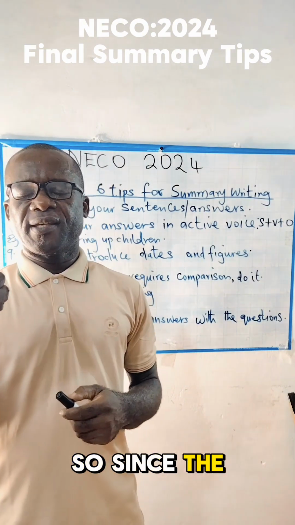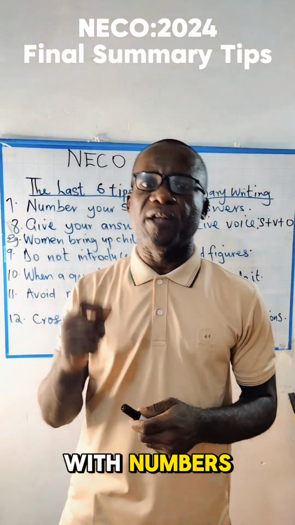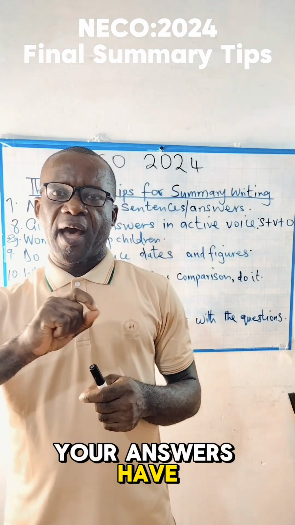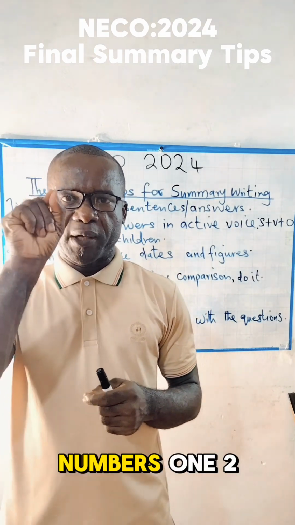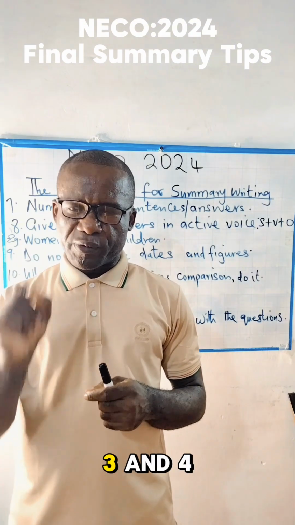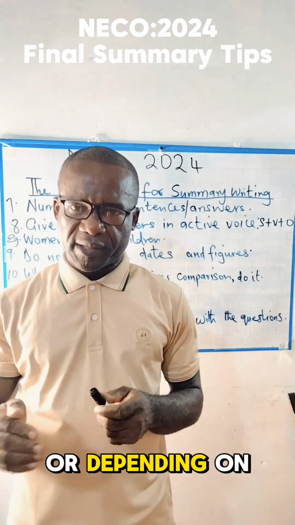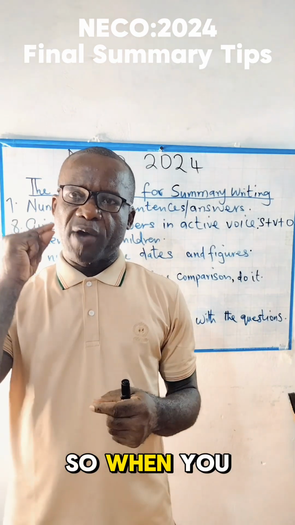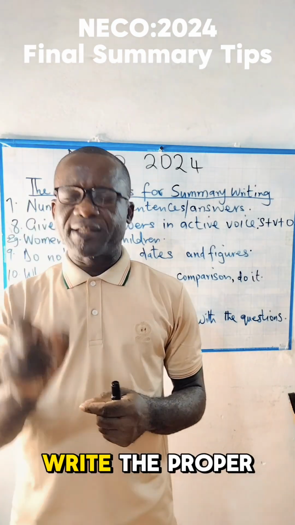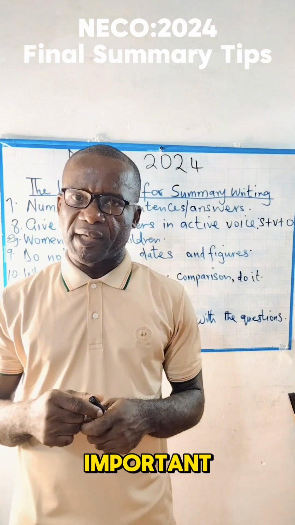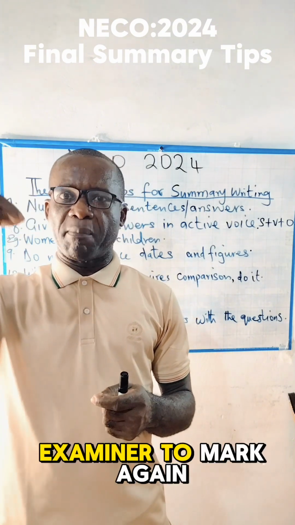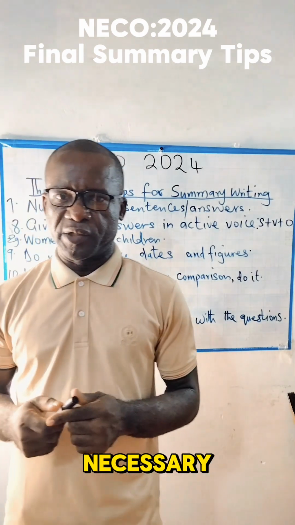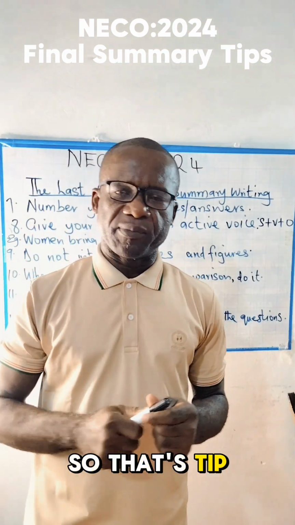So since the questions are coming with numbers, it means your answers have to come in numbers: 1, 2, 3, and 4, or depending on the number required. When you answer your questions, write the proper numbering. It's very important. It enables the examiner to mark and award scores as may be necessary. So that's tip number 7.